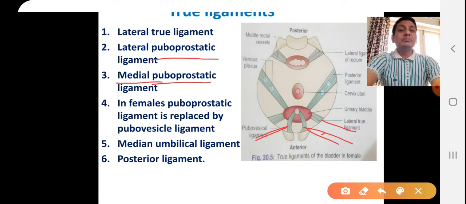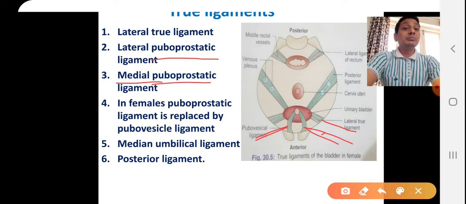Next is the median umbilical ligament. We have already seen that the apex is attached to the median umbilical ligament, which extends up to the umbilicus. Then the posterior ligament. These are the true ligaments of the urinary bladder. Which are the true ligaments? First is the lateral true ligament.